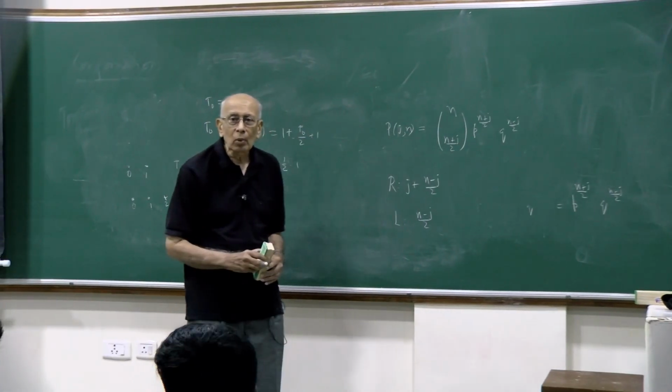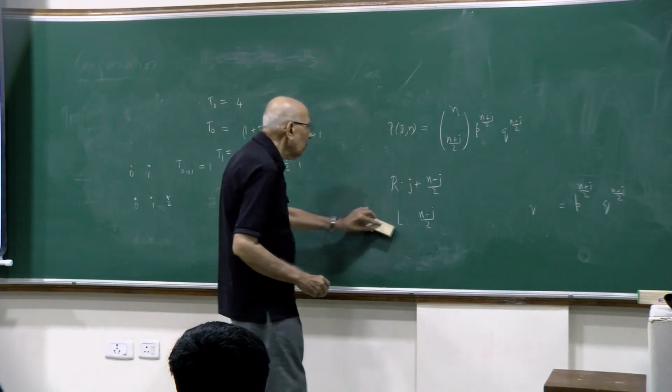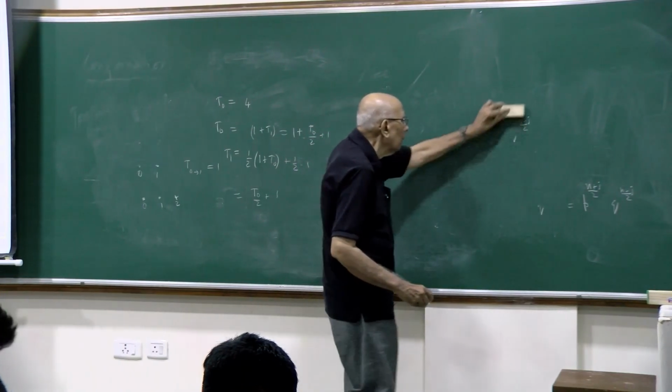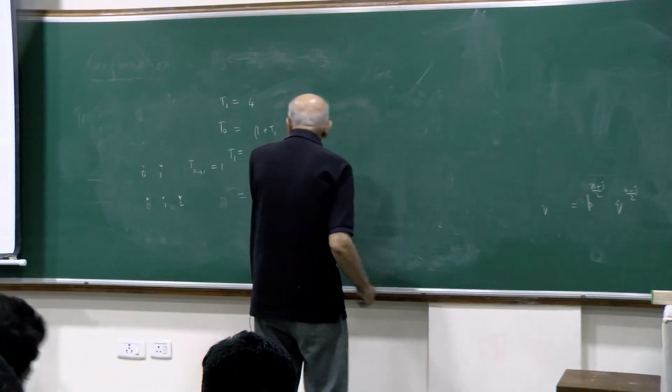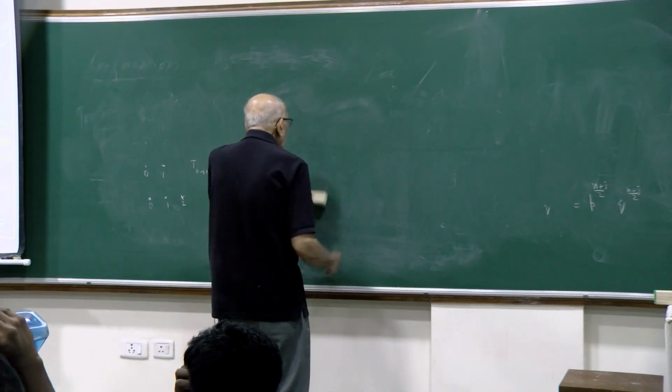But you can play this game in more complicated situations. Here's one which I'm going to leave as a homework problem for you. There are objects called fractals which model substrates. And here's a simple fractal.